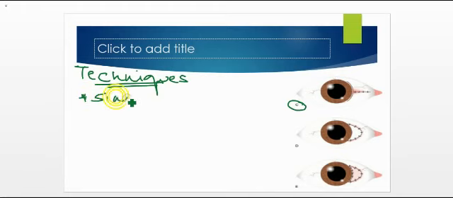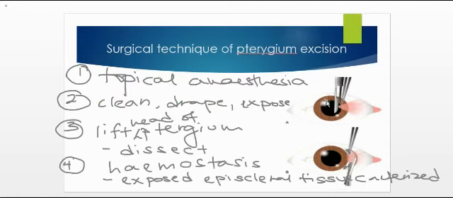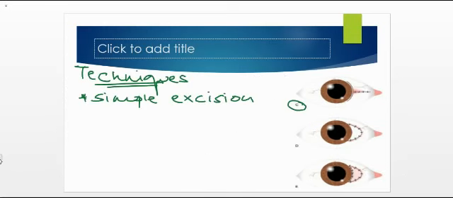So what do you understand by simple excision? That means I'm going to remove the pterygium as whatever I've stated here, just removing this wing shaped fold of conjunctiva.